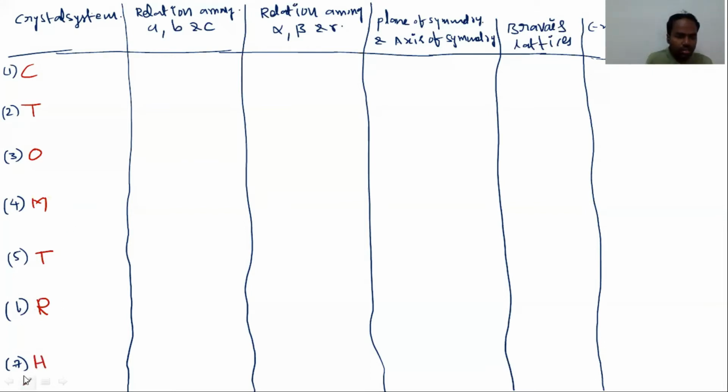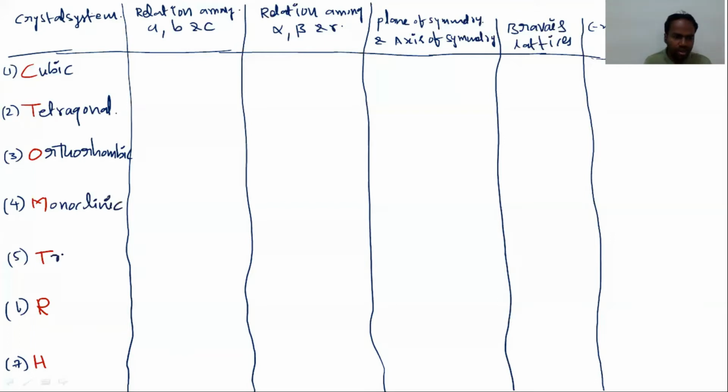Here, what does C stand for? C stands for cubic crystal system. T stands for tetragonal. O stands for orthorhombic. M stands for monoclinic.